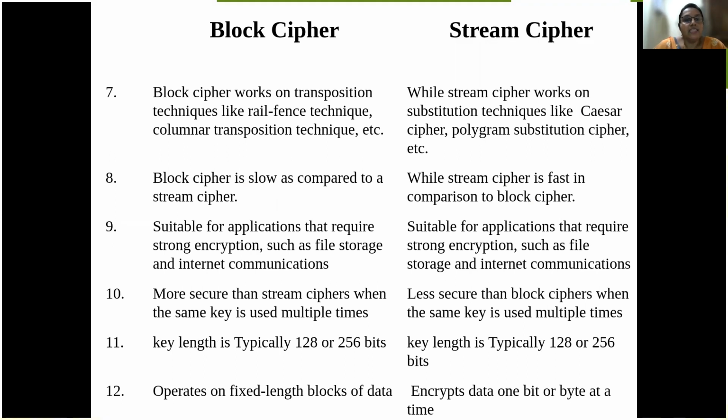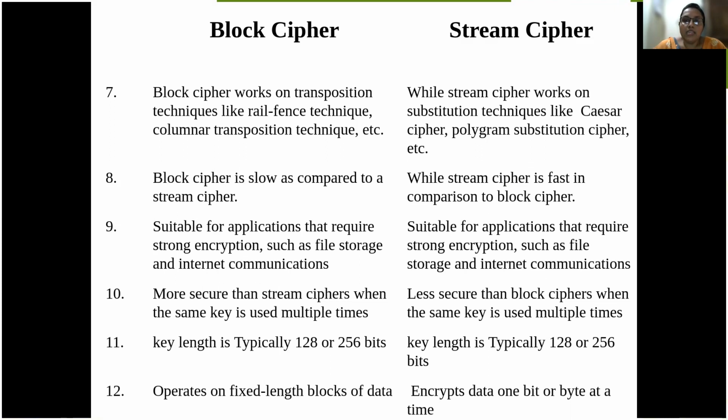The next thing is that applications that require strong encryption will normally use block ciphers, whereas if strong encryption is not required for large transmissions, then stream cipher can be used.